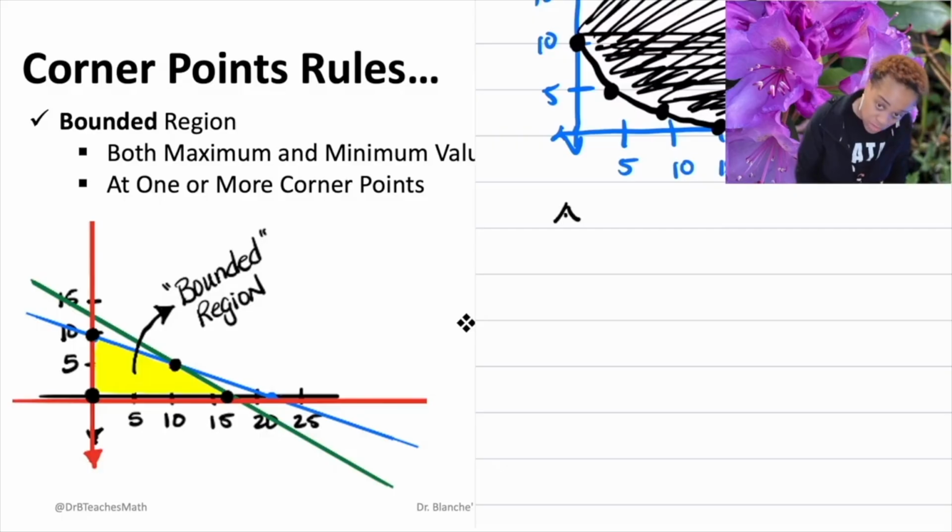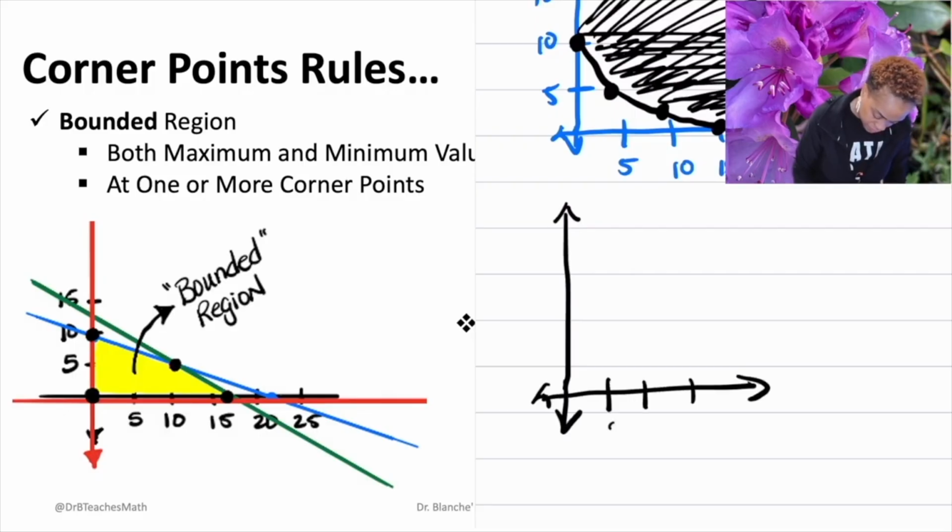So let's say it looked like this. Sorry, it's not straight, but just to give you an idea. And then let's say you had a point here, a point here, and a point here. Okay? And then those points connected, right?